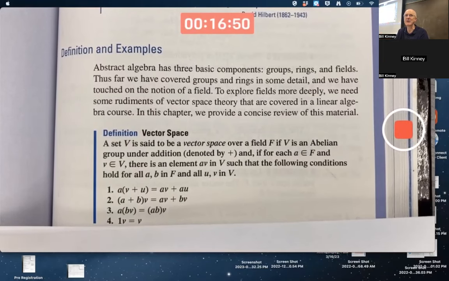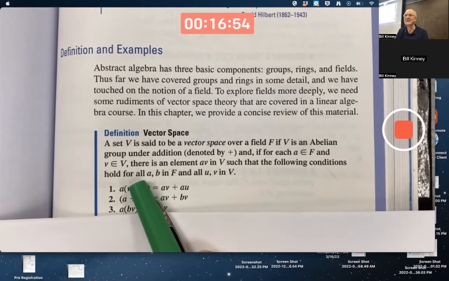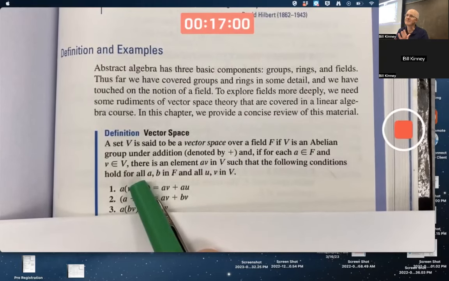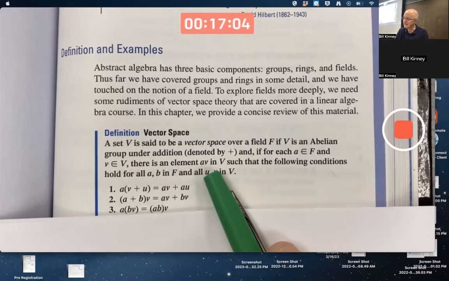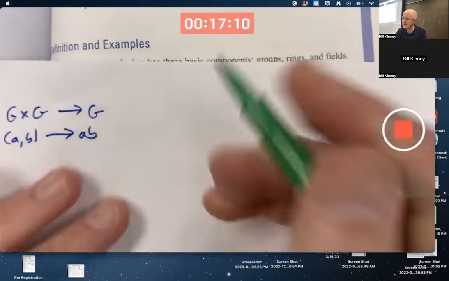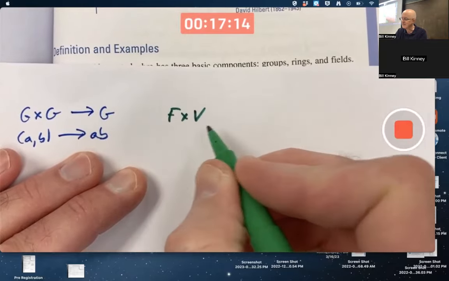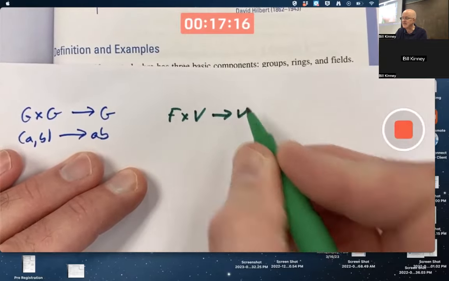So it's really something where you're taking this Cartesian product, V cross F, and mapping it to V.